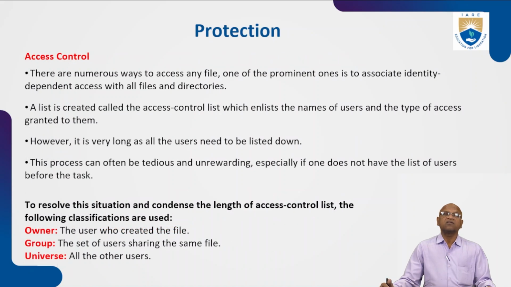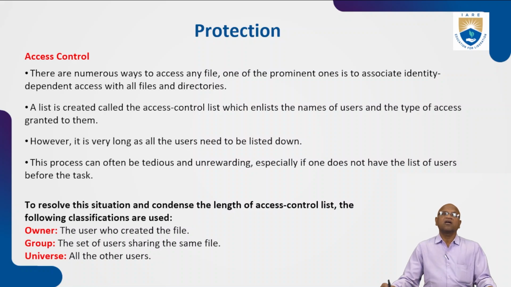So access controls. There are numerous ways of accessing any file. One of the prominent ones is to associate identity-dependent access with all files and directories. A list is created called an access control list, which enlists the names of users and the types of access granted to them. However, it is very long as the users need to be listed down.